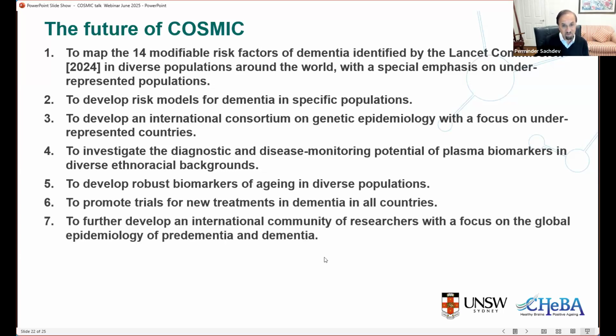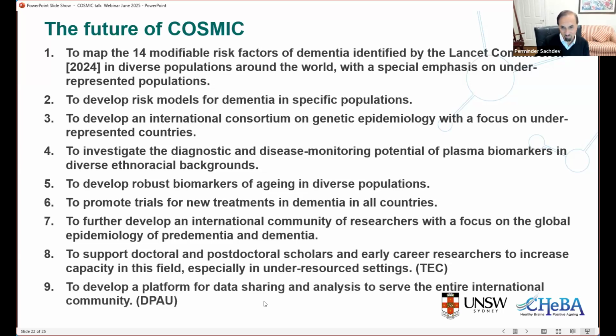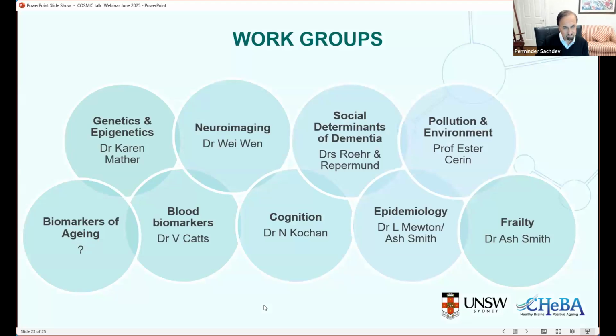To further develop an international community of researchers with a focus on global epidemiology of pre-dementia and dementia as a capacity building exercise, and to support early career researchers. And that's really the work of the Training and Education Committee of COSMIC, and of course a platform for data sharing and analysis to serve the international community.